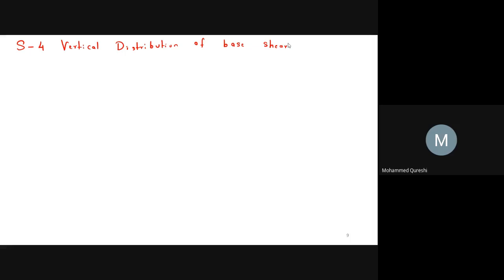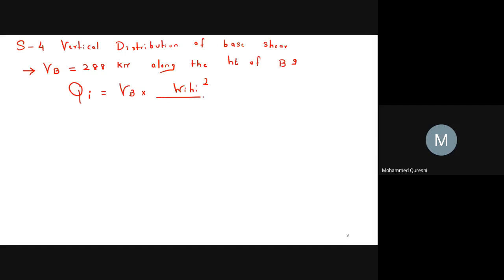Now the design base shear, that is VB equals 288 kilonewton, shall be distributed along, remember this word, along the height of the building as per the equation Qi equals VB into Wi Hi square upon summation of i equals 1 to n Wi Hi square.